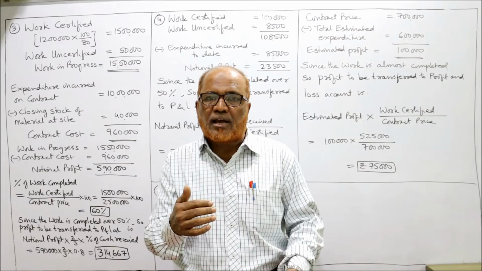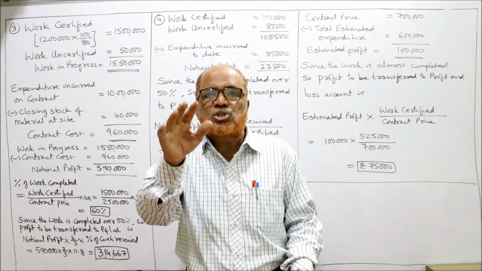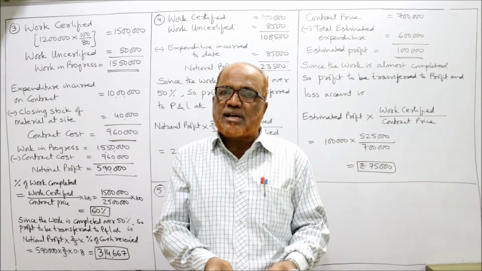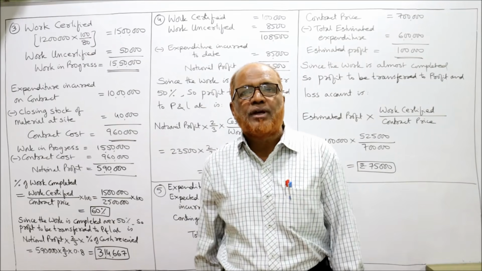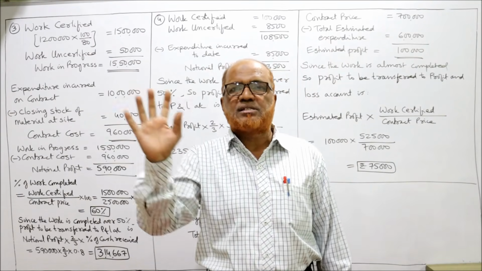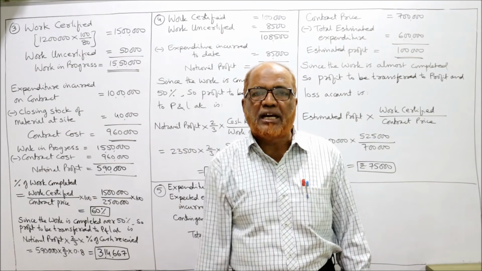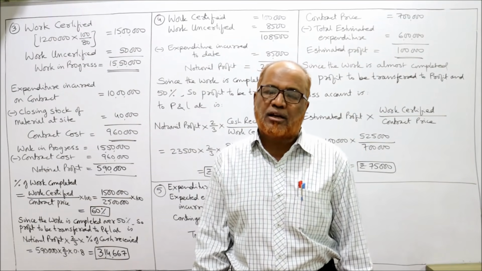Some material was purchased but not used yet, it is unused material, so that closing stock will be deducted from total expenditure. So 10 lakh rupees is the expenditure, in which closing stock at contract site is 40,000. 40,000 rupees of material is still lying at site, not consumed, so this 40,000 will be deducted from 10 lakh to get actual expenditure incurred.